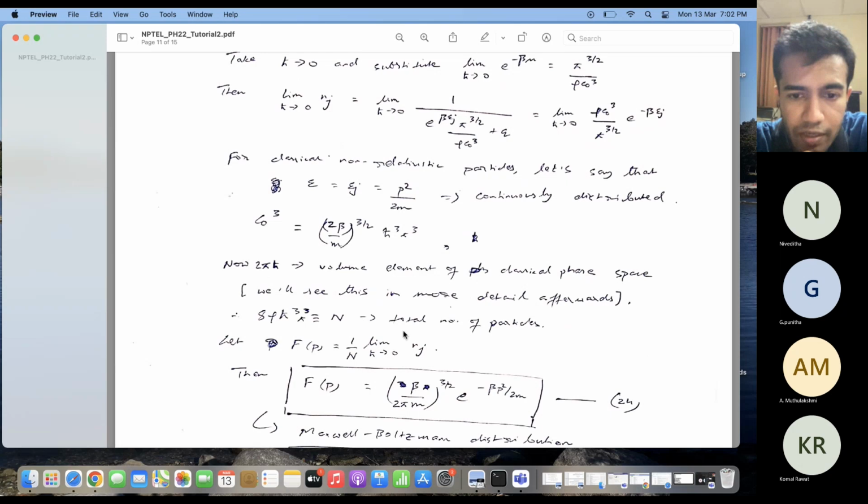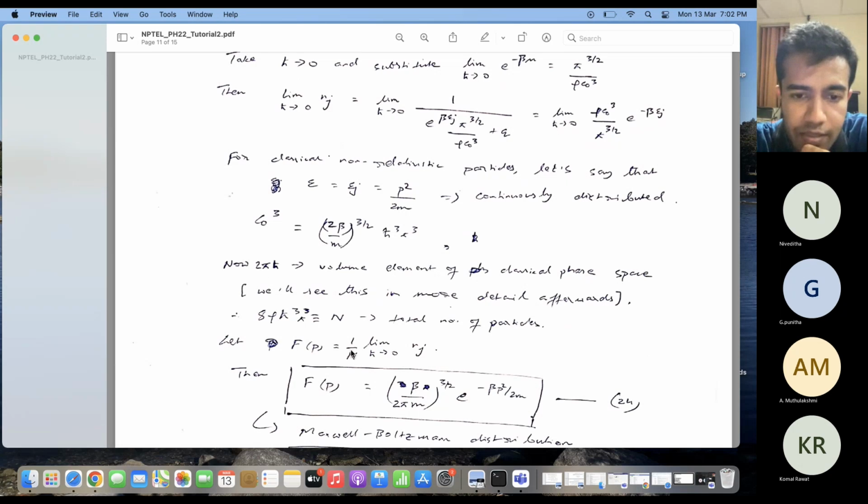Okay, and this is capital N, and I define f of p as 1 by capital N, limit of h cross going to 0 n_j. So f of p is nothing but the probability of finding a particle in the jth energy level. That is the probability of finding a particle with momentum equal to p, because I consider p to be the momentum of the jth energy level.